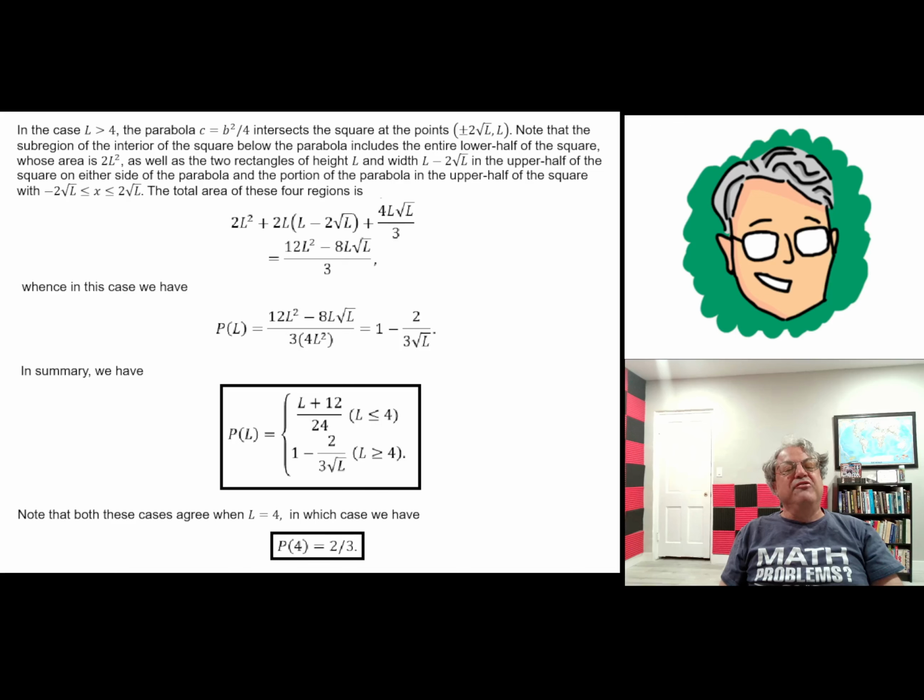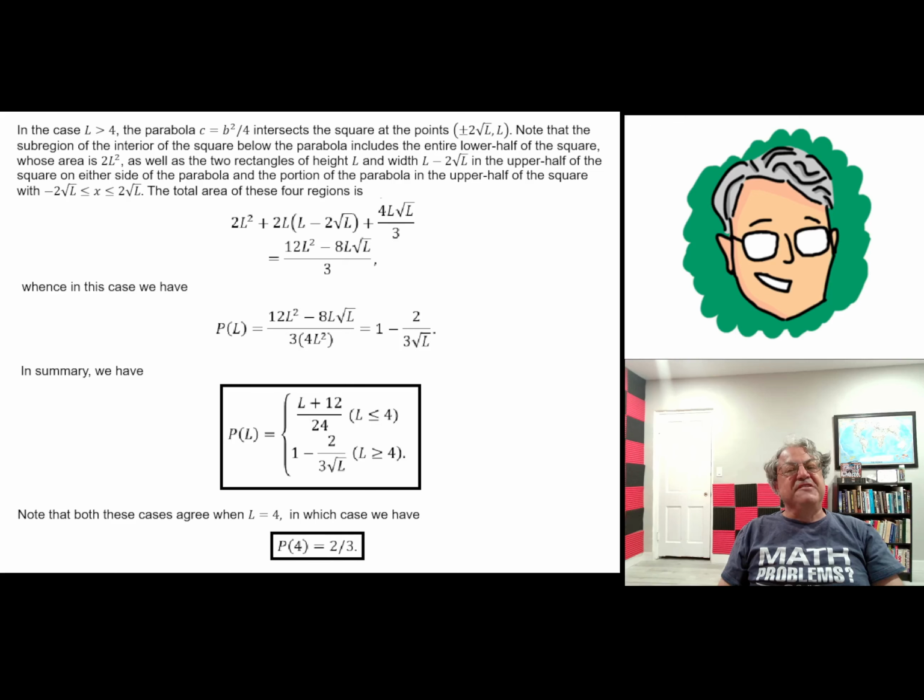And if L is greater than or equal to 4, you get 1 minus 2 over 3 times the square root of L. You can check for yourself that when L equals 4, it's pretty easy: you just plug in 4 for L in either of these formulas and you get 2/3 in both cases. So the answer to part B is P of 4 is 2/3. And that's the only value of L that gives you 2/3.